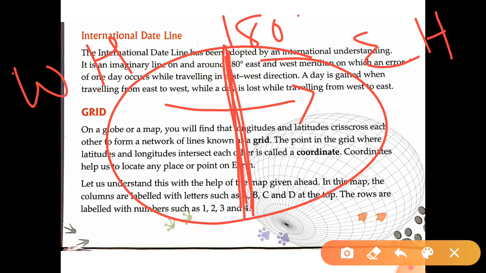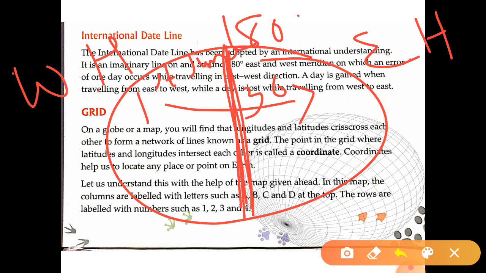here they will be gaining one more day. Here it is 1st June, so here it is 13th May. That is the error.